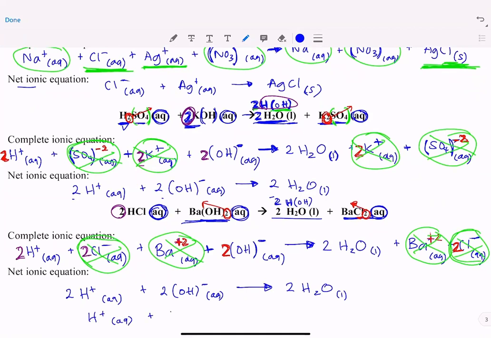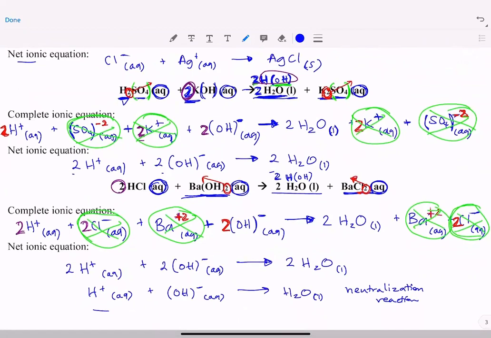This would be H plus OH minus AQ is H2O liquid. And this is called a neutralization reaction, at the heart of what's going on for a double replacement reaction when water is formed. We're going to get back to double replacement reactions next week. This is really what's going on in a double replacement reaction when you have water as a product.